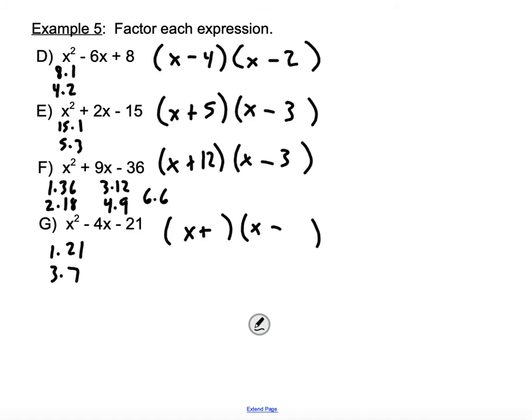I'm thinking it's got to be 3 and 7, because when you subtract the two, you get 4. So the larger number's got to be minus. So negative 7 plus 3 does give me a negative 4.